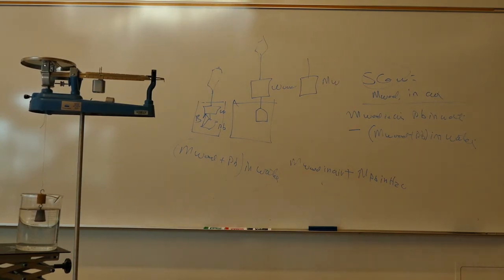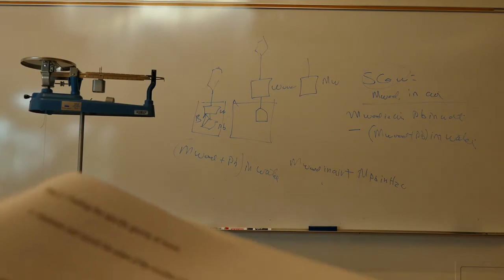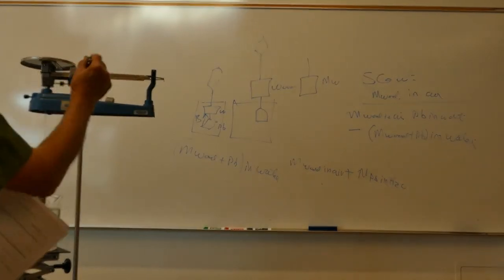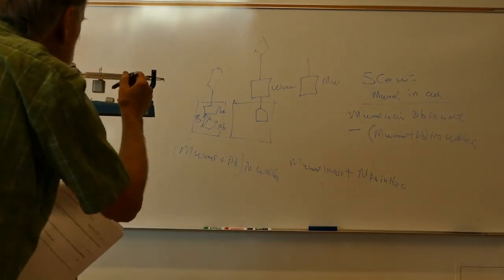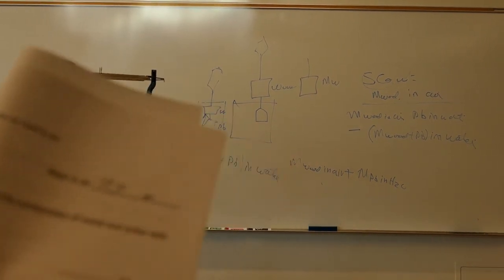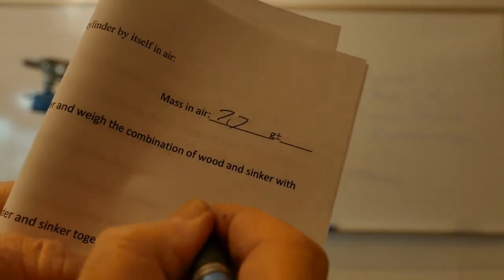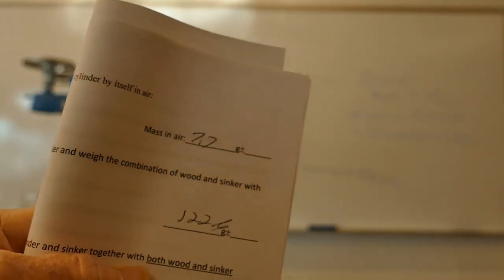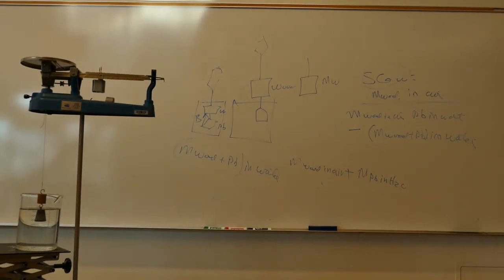Hmm, the combination of wood and sinker with only the sinker submerged in water, and you can see it's 122.6 grams. That's the wood in air and the sinker in the water.